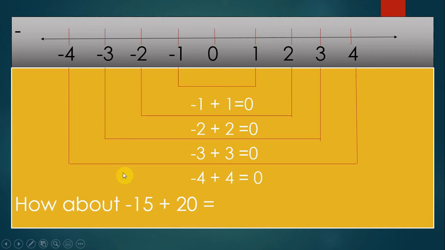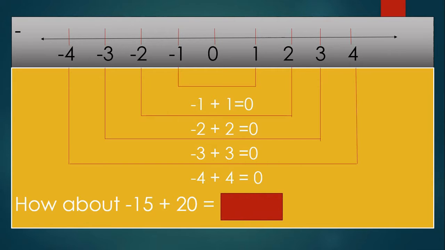How about negative 15 and positive 20? How will you add these two? They're not the same numbers. How will you solve this? You will apply our previous discussion, the concept of opposites.